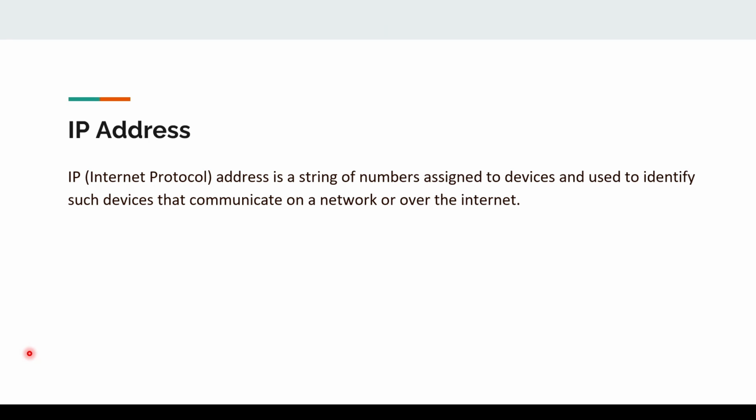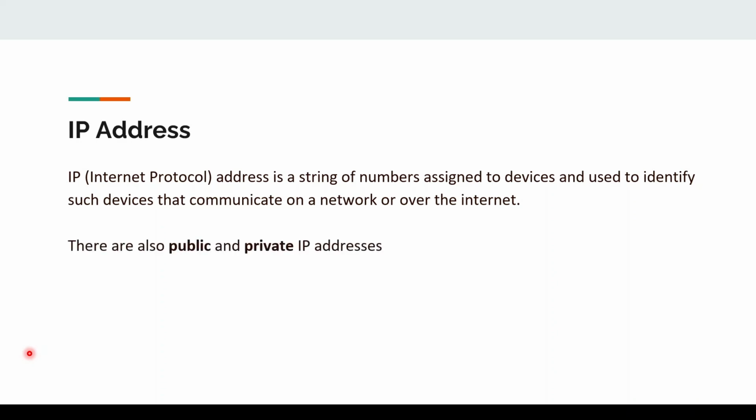Now, when dealing with subnetting, the major focus is on the IP address. So an IP address is a string of numbers that is assigned to devices that communicate over the internet or on a network. So every device that communicates over the internet or on a network must have an IP address.